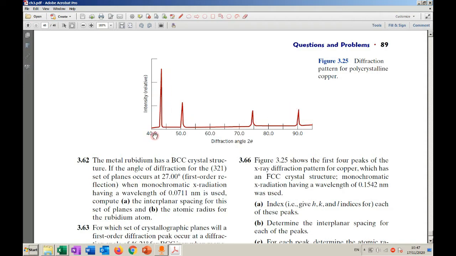Now, some information. We said each peak is associated with a set of planes. For example, this is one set of planes, this is another set of planes, this is another set of planes, and this is another set of planes. So each of the peaks represents a set of planes. We call them equivalent planes, or families of planes.